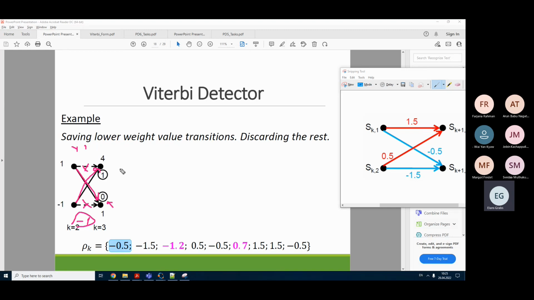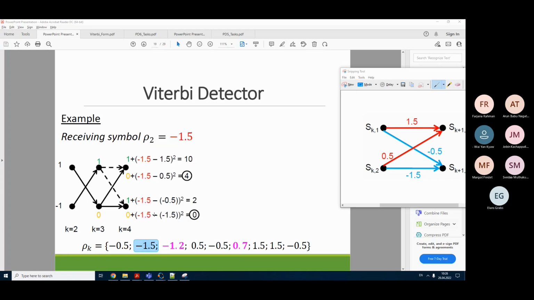However, as we go further, some paths will become extinct. So basically, not all of these paths will be continued in the future, and we will be left with one true path that will be used to read the data. So let's continue and receive the next symbol, -1.5. This will require us to do the same procedure.